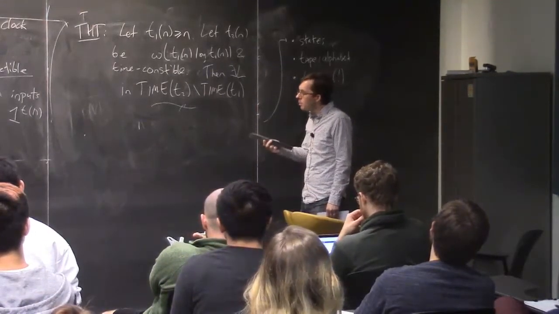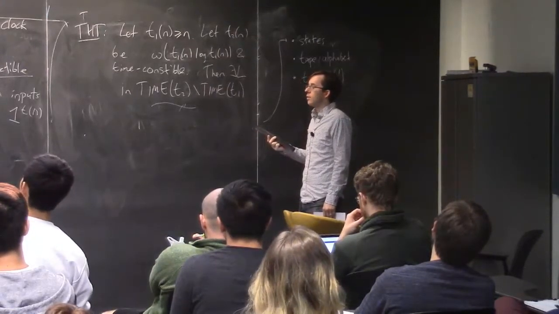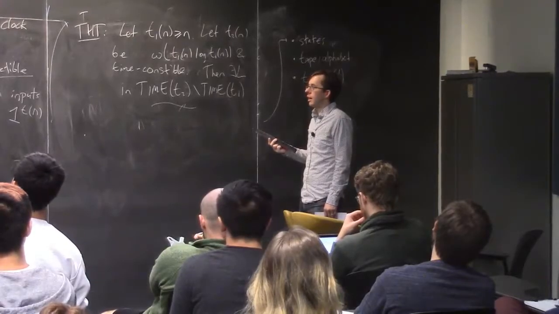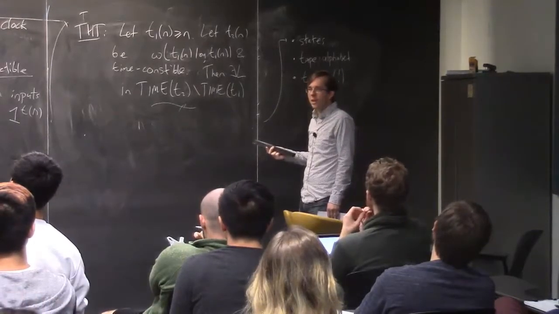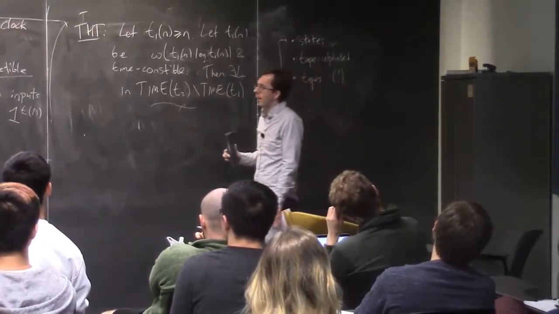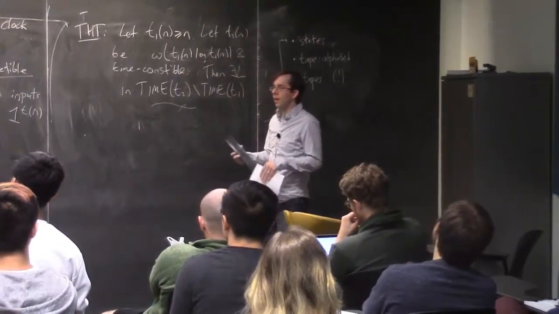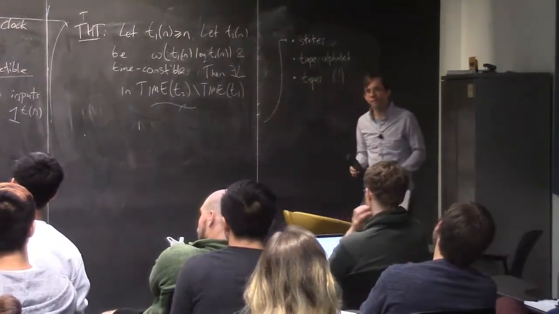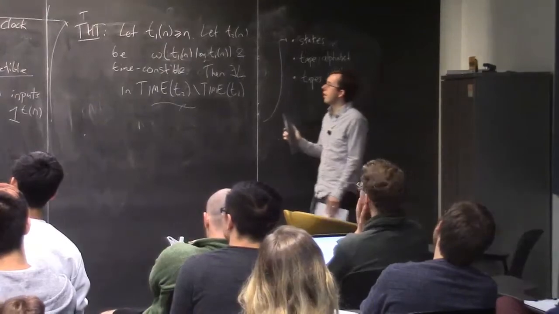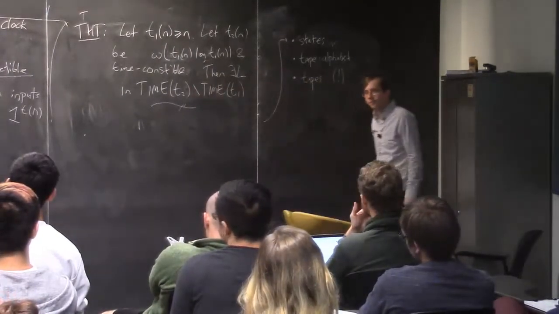Because the thing that the simulating algorithm really needs to do is run for T2 time, because it has to be able to simulate T1.5 steps, so it needs to be able to clock itself for that amount of time. So I think the biggest thing here, T2, has to be time constructible.